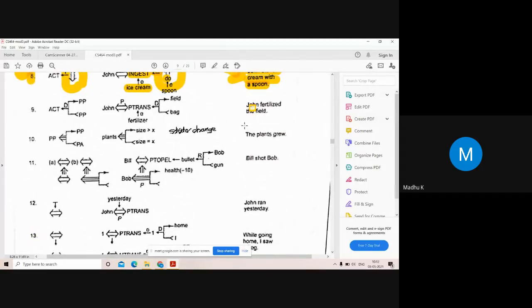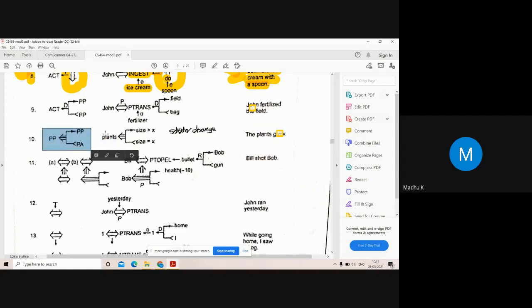So next is the plant grew. Plant is an object or picture producer, and it grew. This is the sentence. If the sentence is like this, who is the picture producer, PP? Then we need to apply this rule, PP, PA, PP.